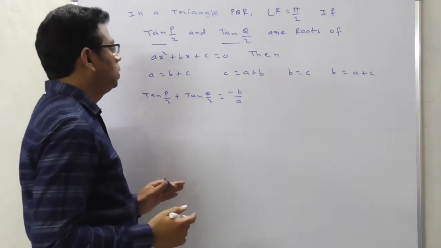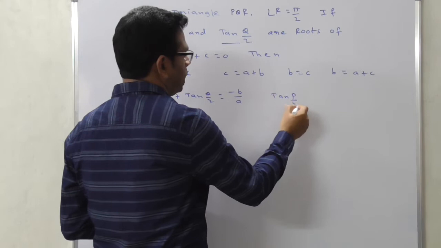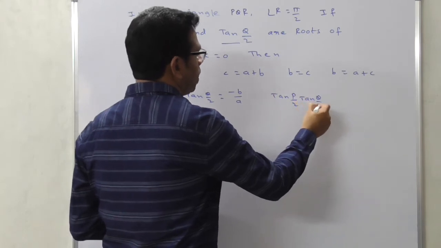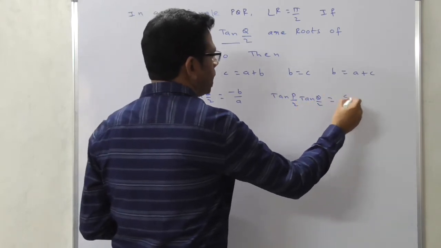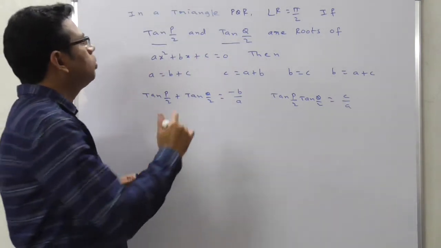Clear? Now write the product of the roots. What is the product of the roots? tan P/2 into tan Q/2 is equal to c/a. Clear? Good.